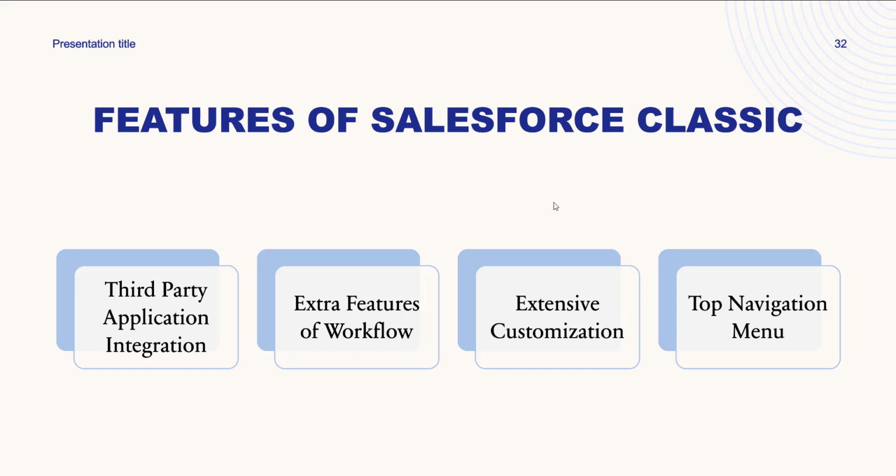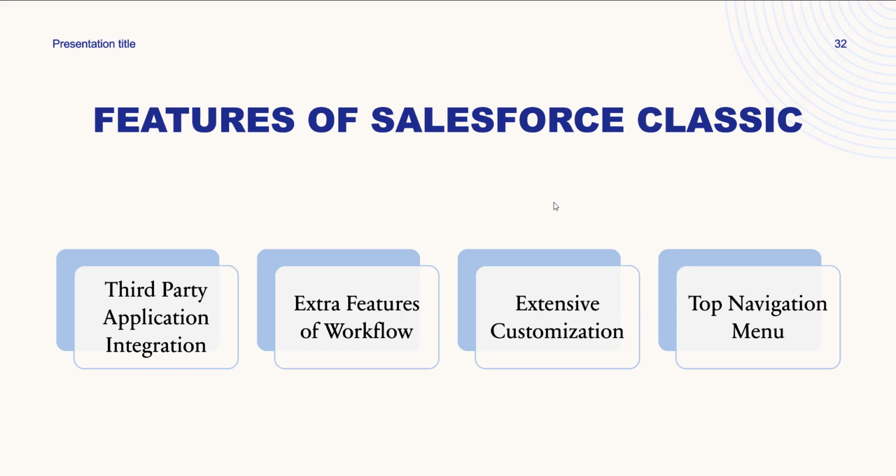It doesn't stop here. Salesforce Classic even offers extensive customization options for page layout and record layout details. Users of Salesforce Classic also access the numerous CRM modules and features through the top navigation menu under tabs.